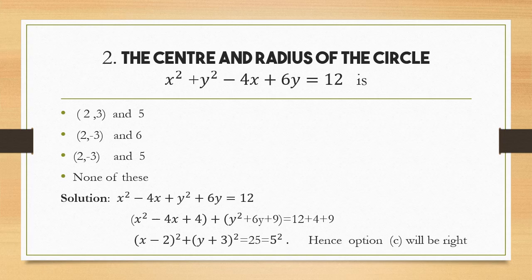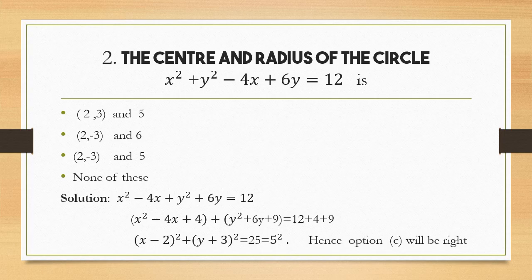We all know in a circle radius and center will come, but what is the standard equation? They have given four options: 2, 3 and 5; 2, minus 3 and 6; 2, minus 3 and 5; and none of these.